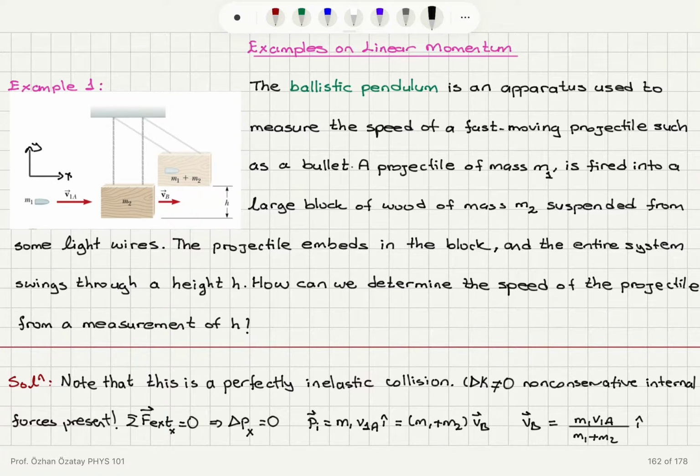After the collision, we have the tension in the wires acting on the system and the gravitational force. So we only have conservative forces acting on the system.